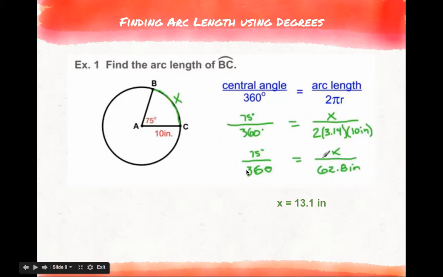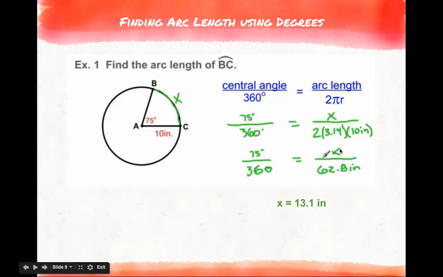In my calculator, I do 75 divided by 360, multiplied by 62.8, and I get x equals 13.1 inches. So I figured out the arc length by using proportions: the measurement of my central angle is to the whole of 360 as this portion of the circumference is to the entire circumference.